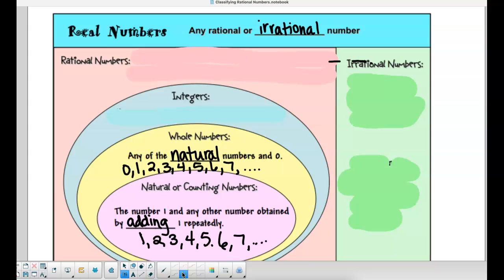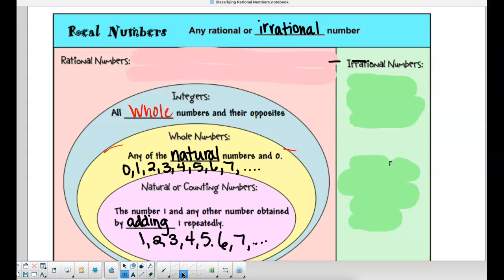Then we're going to move up to integers. What are integers? You guys should know this. We've talked about integers. We've done integers in 7th grade. What are integers? Integers are all whole numbers and their opposites. It's all whole numbers and their opposites. So what would that mean? Give me some examples of integers, Elise.